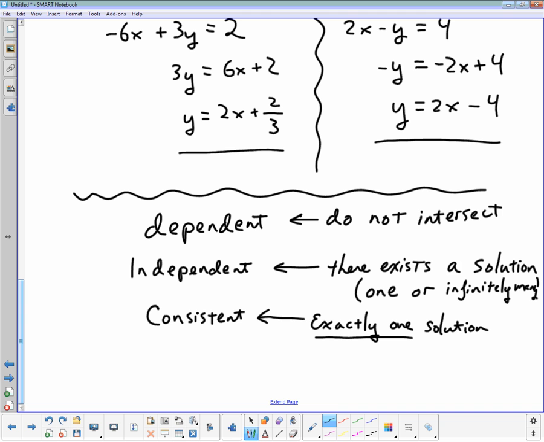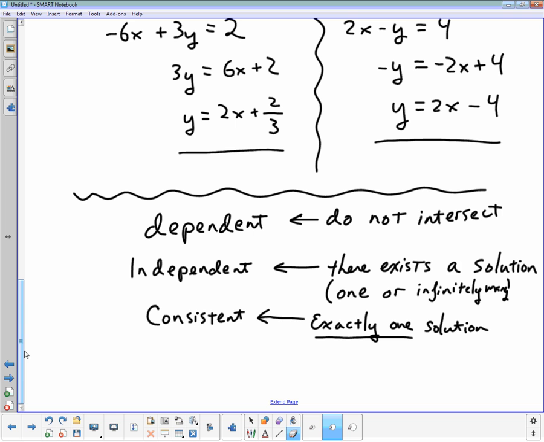Yeah. Yes. Independent just says, hey, there's an answer. There's a number that I could plug in and get something that flies. Consistent says, I got one, meaning that there are two lines that intersect each other.